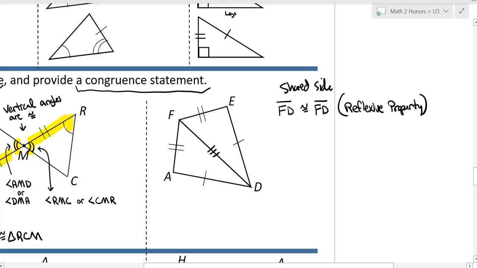In one triangle you have side, side, side. In the other triangle you have side, side, side. So the triangles are congruent by side, side, side. And which triangle? Well, triangle ADF would be congruent to triangle, and you work through it, E would correspond with A, because A is between the 1 and the 2 dash, so is E. Then D, and then F.